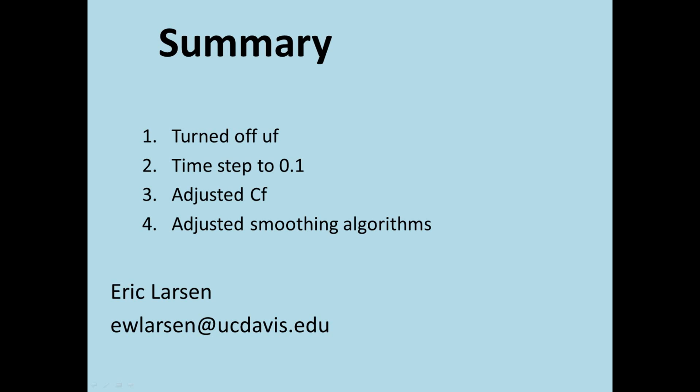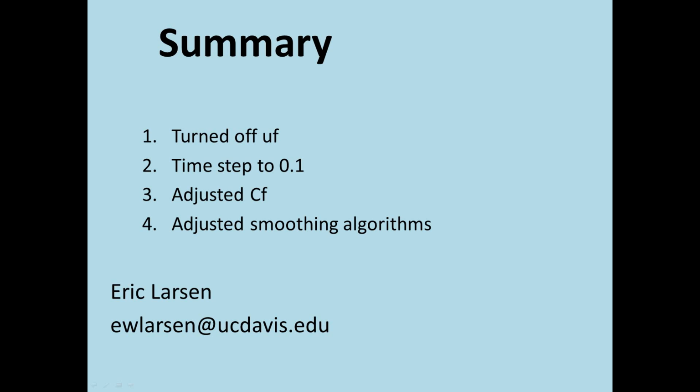So, to summarize, there are lots of knobs and adjustment screws we used. First of all, we turned off the U sub F. That's a component of the velocity that's very small, less than 5%, but it often causes calculation problems, mathematical problems that don't have to do with the modeling.